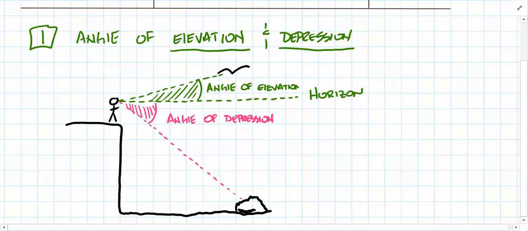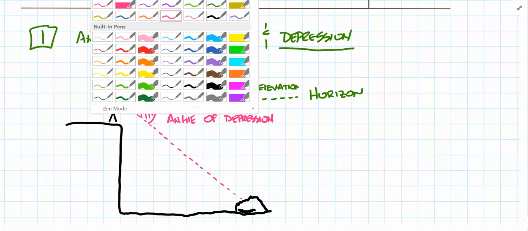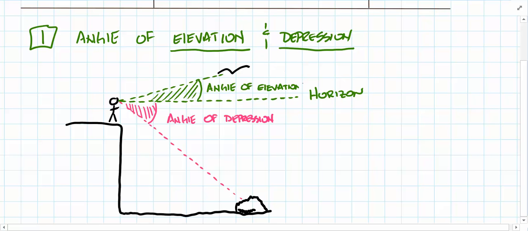What I don't want you to do is think that the angle of elevation is the space over here, or that the angle of depression is the space over here. That's not what that is. So you have to understand what we're talking about by angle of elevation and angle of depression.